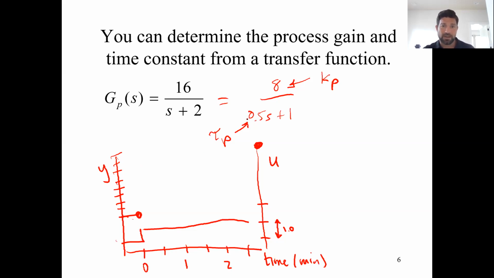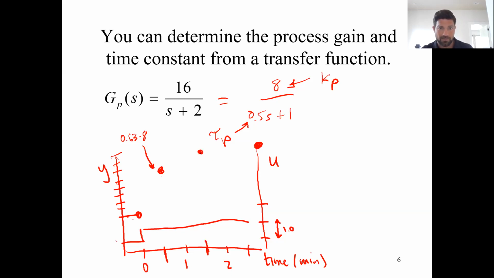Then we know that at 1 tau, it should be 63% of that change. So 63% of 8 shows up for 1 tau. 1 tau is 0.5, so at 1 tau right here, it has to be 63% of that, and this value is 0.63 times 8. Then we can also count at 1.5, which is 3 tau.